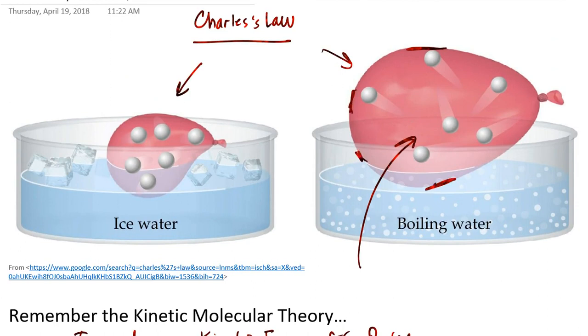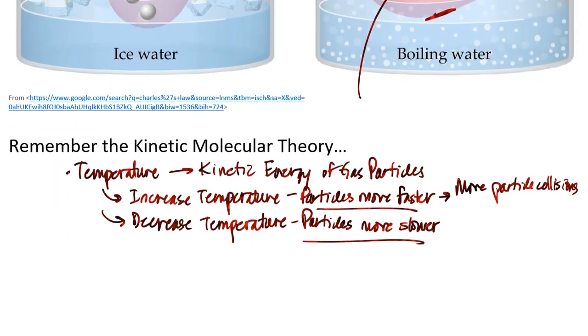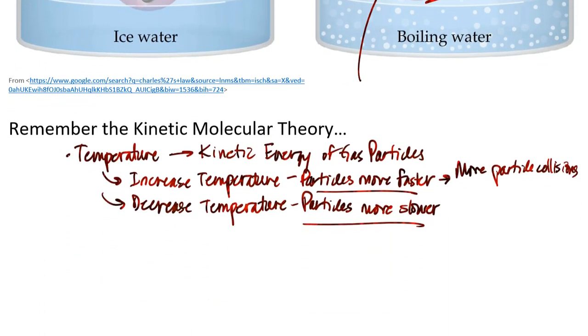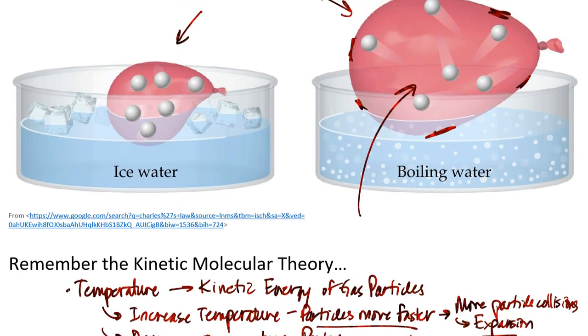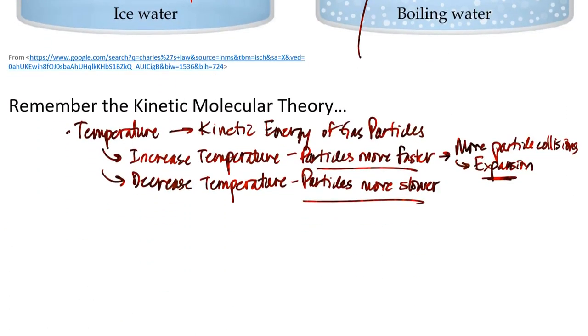So in this case, I'm going to get more collisions against the wall of the balloon. And if I have more particle collisions against the walls of the balloon, then that's going to trigger an expansion of the balloon.